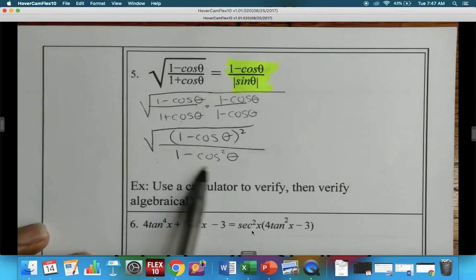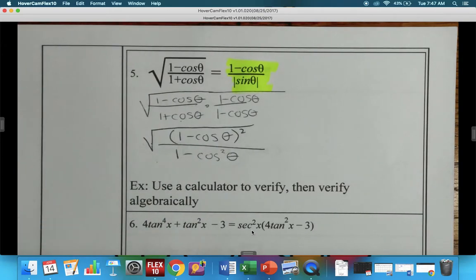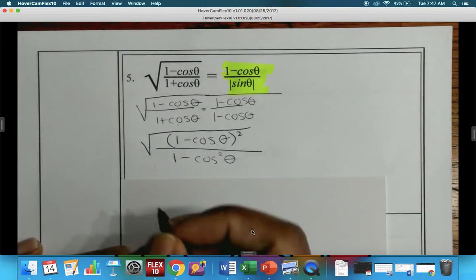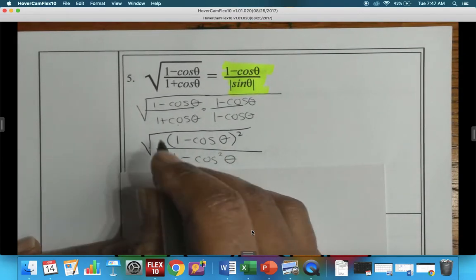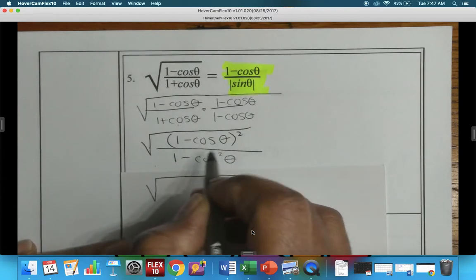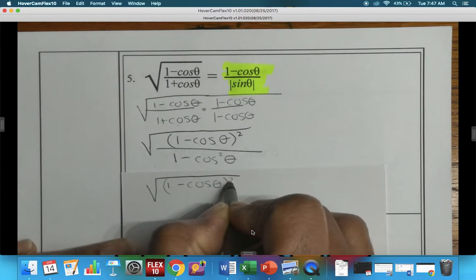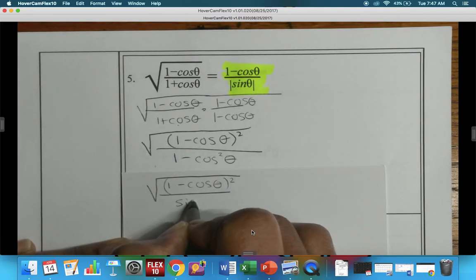So I'm going to rewrite this as just sine squared since it's equivalent. So now I have 1 minus cos theta, all of that squared, over sine squared.